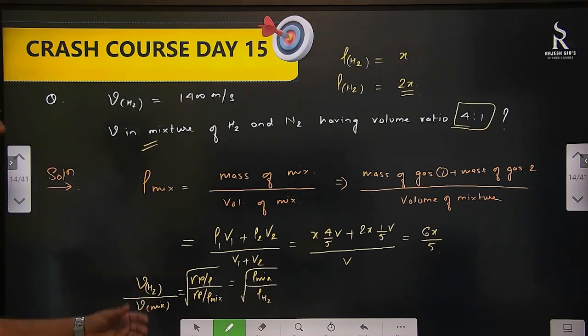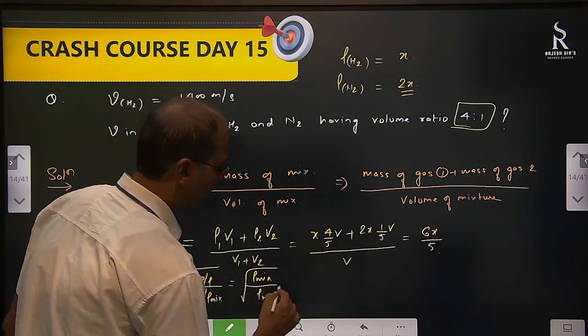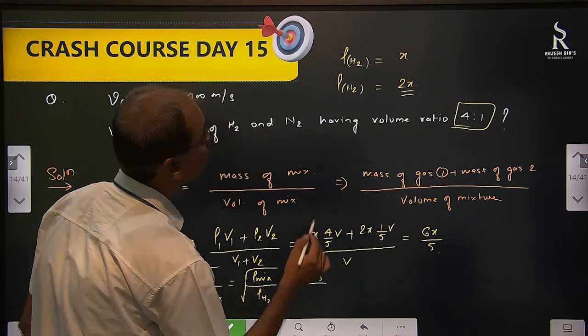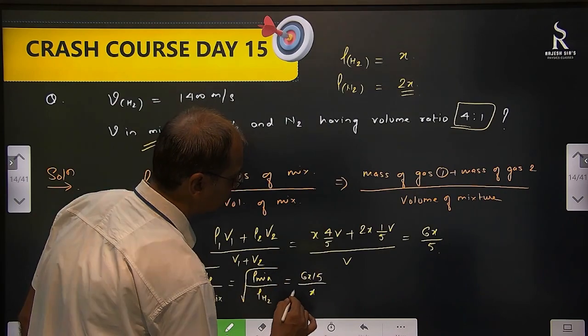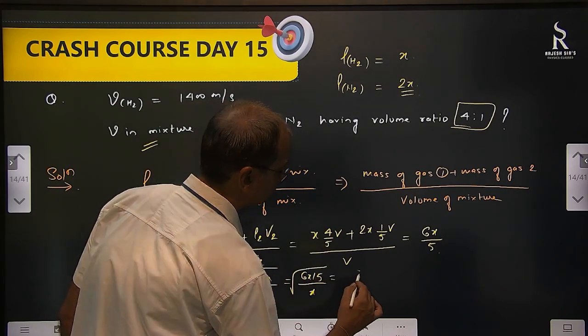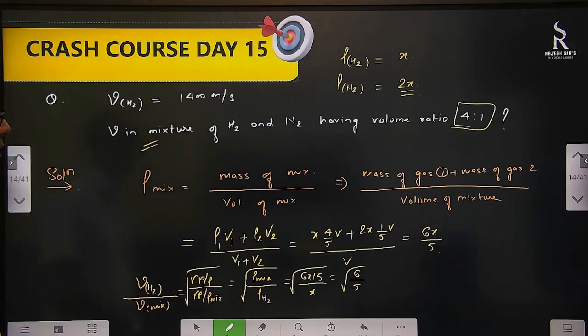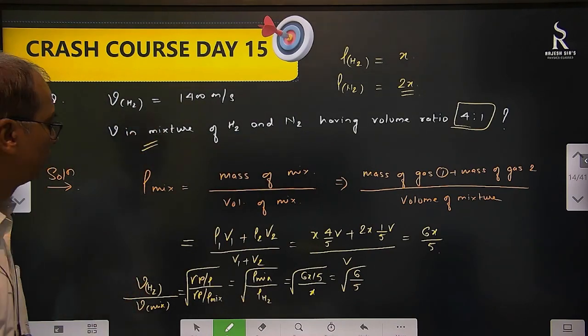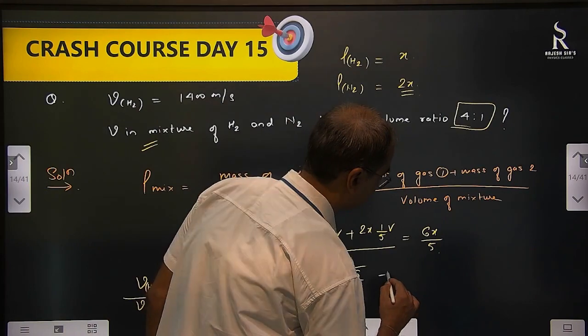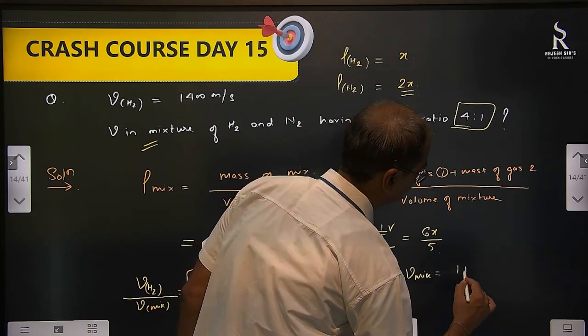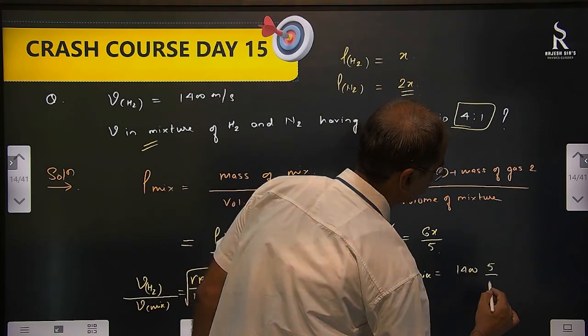So let's put it. What is density of mixture here? 6x by 5. And what is density of hydrogen? That is x. So that is root 6 by 5. Now velocity of hydrogen we already know how much it is, so 1400. So velocity in mixture is 1400 into root 5 by 6.